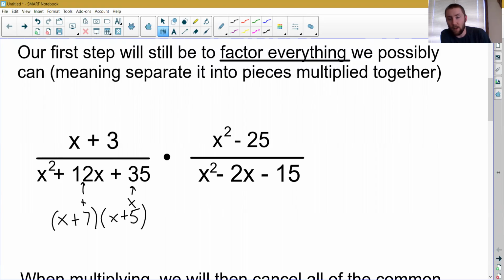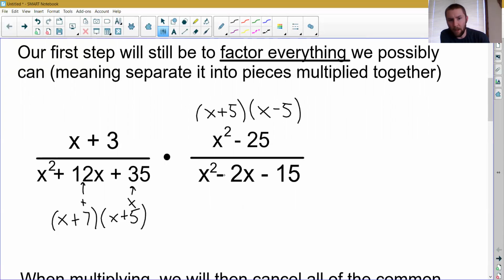And then I look at this other rational expression, and the top of it says x squared minus 25. That is a quadratic that is missing the x term. But this is one that way back in chapter 8, we recognized as the difference of two things that are squared, right? X squared and then 25 is really 5 squared. So we can factor this into x plus 5 and x minus 5.